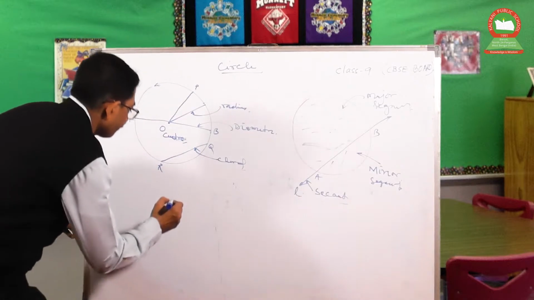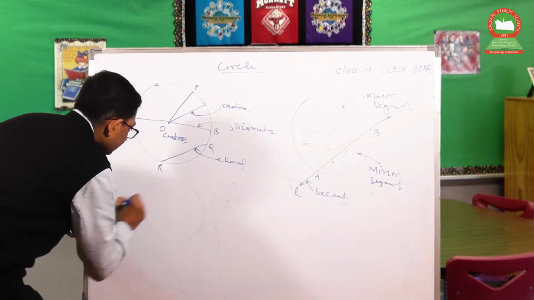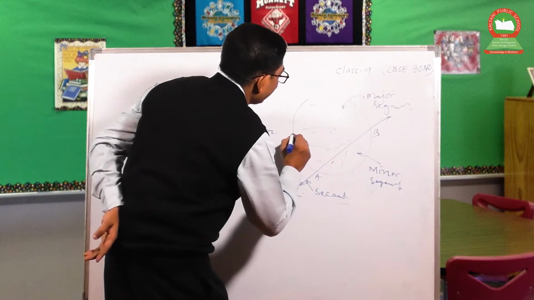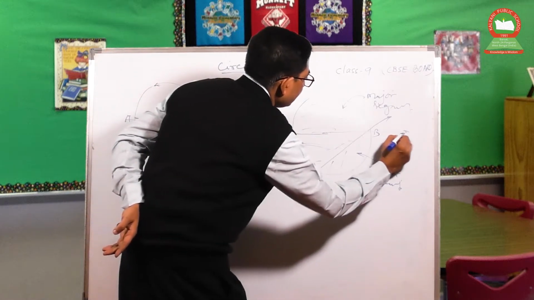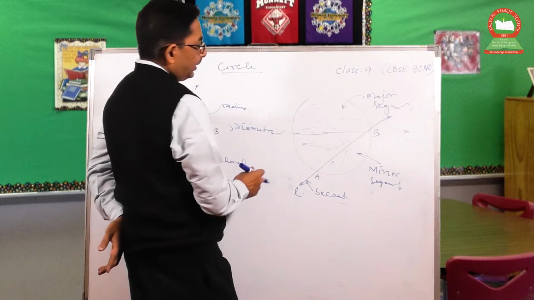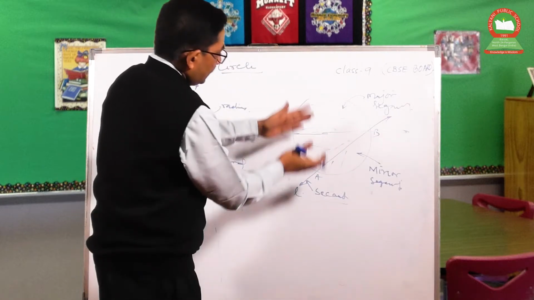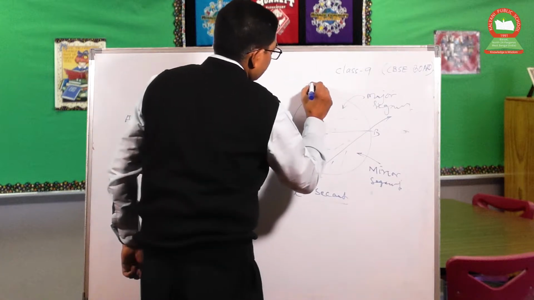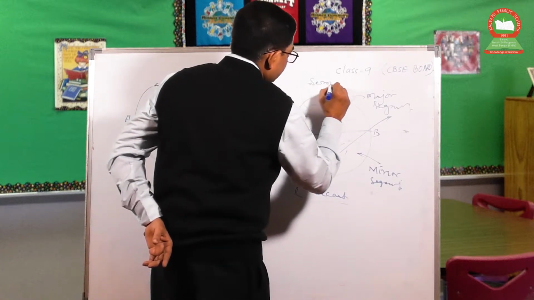If the secant passes through the center, it divides the circle into 2 halves, and each half is called a semicircle region, or semicircle.